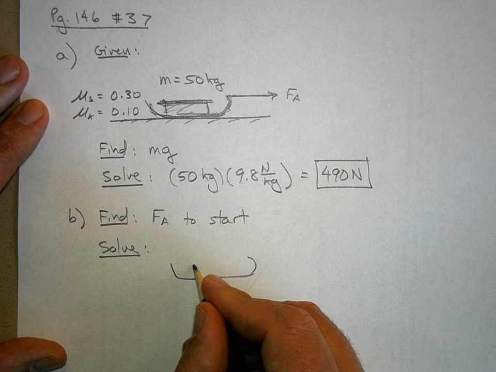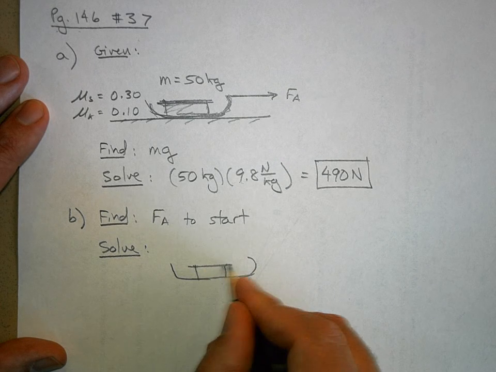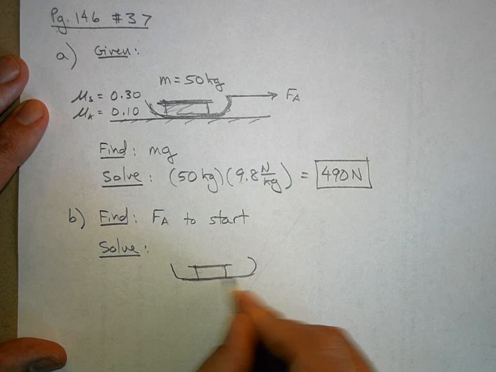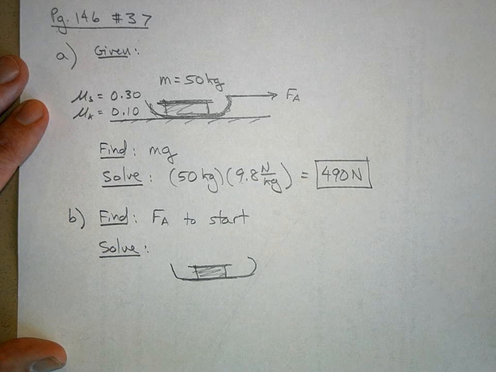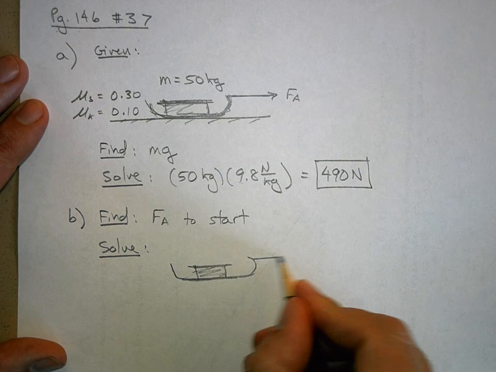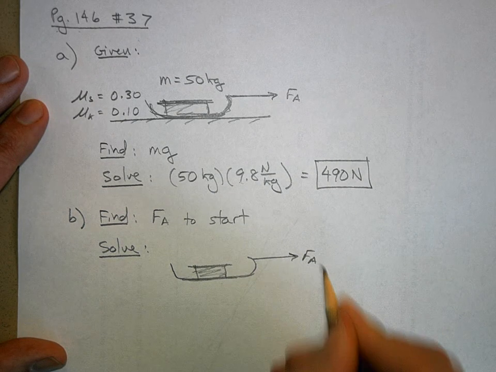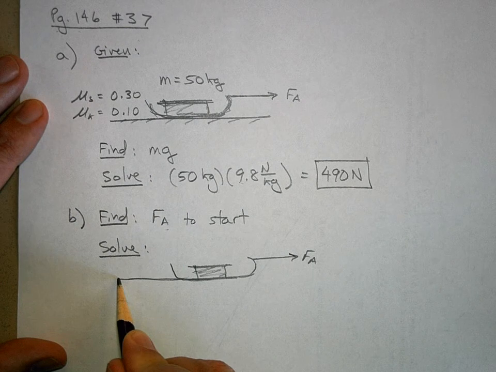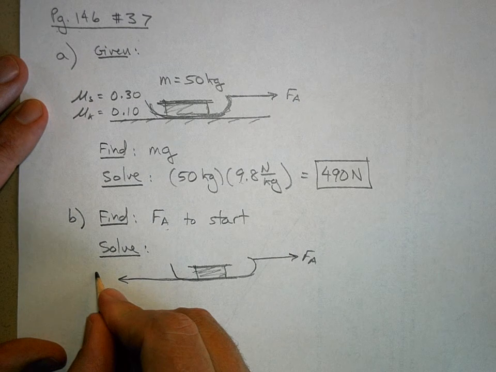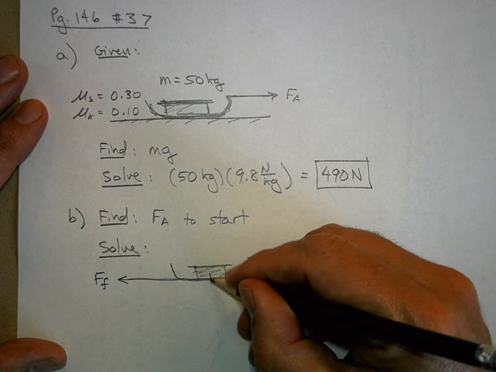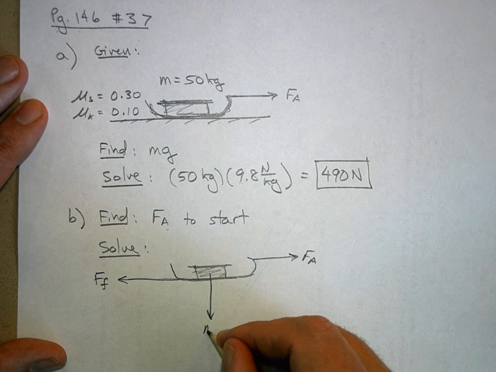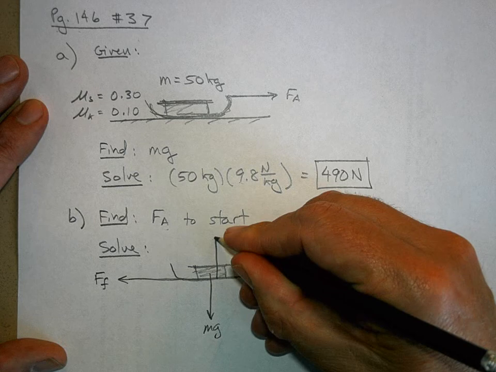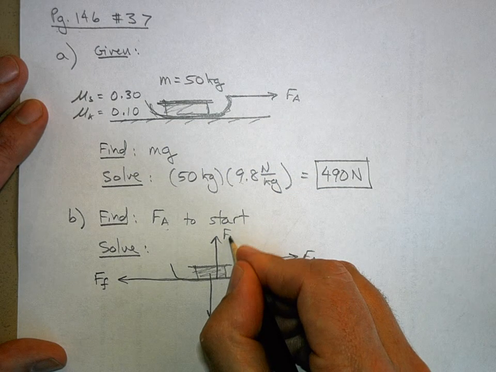So here's the sled all by itself. And we know that there's an applied force to it, and this is what we want to find. We also know that there's a friction force. And of course we know there's gravity, and there's a normal force.